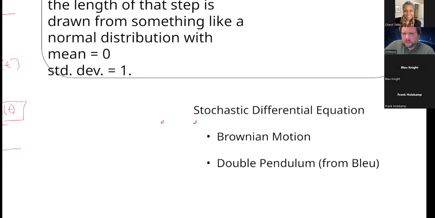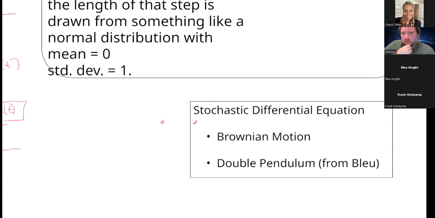Is it stochastic or just chaotic? Not sure. Because I'm saying this as a general comment. It's deterministic, so maybe it's not stochastic. So can I cross it out? Yes, cross it out.